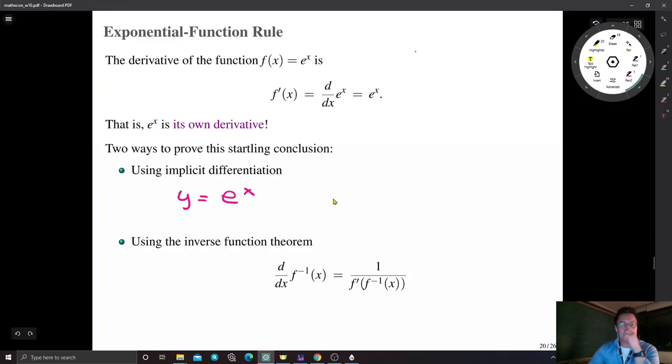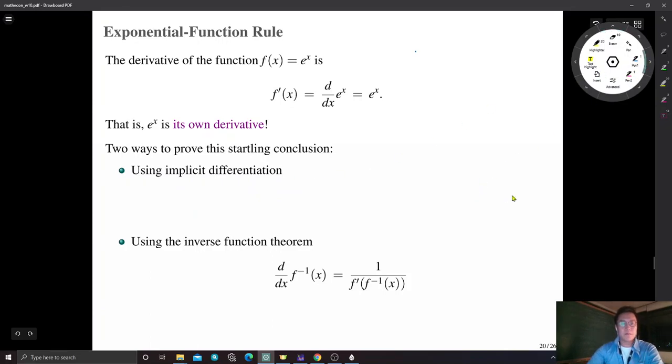If I use implicit differentiation, the differential of y is going to be dy, and the differential of the right hand side is going to be, sorry, I'm a little bit confused right now. Let me take a different approach.